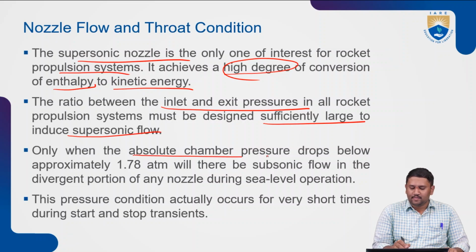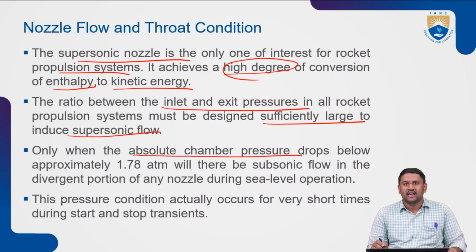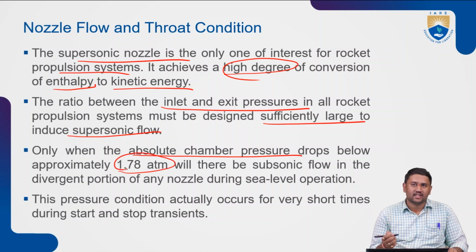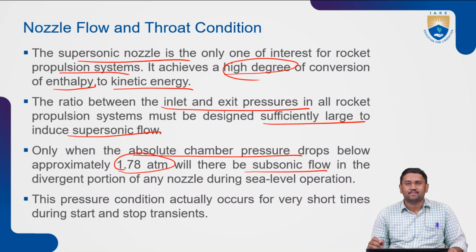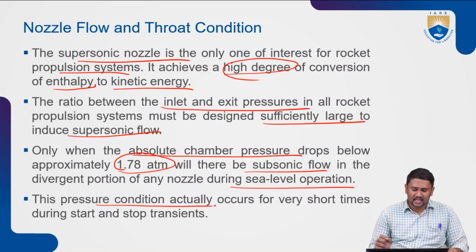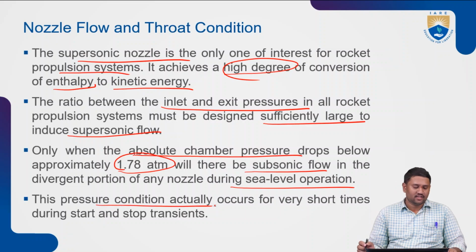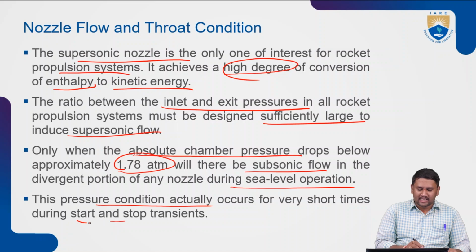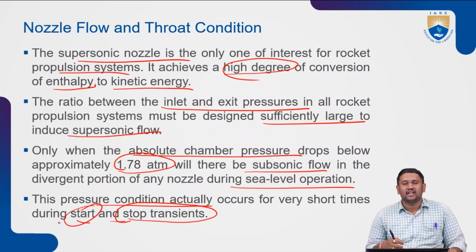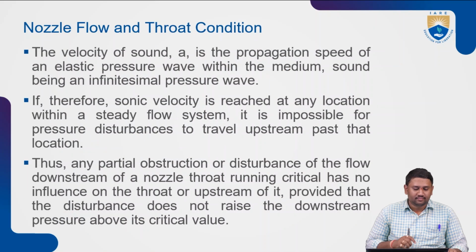Only when the absolute chamber pressure drops below approximately 1.78 atmospheric pressure will there be subsonic flow in the divergent portion of any nozzle during sea level operation. This pressure condition actually occurs for very short times during start and stop transients, whether you are starting or stopping a rocket engine.